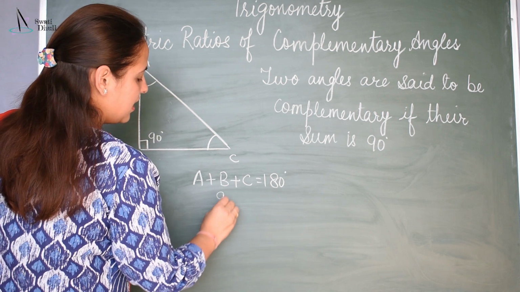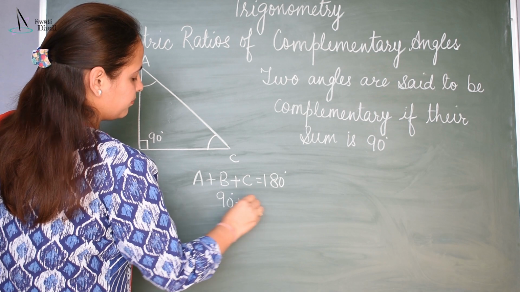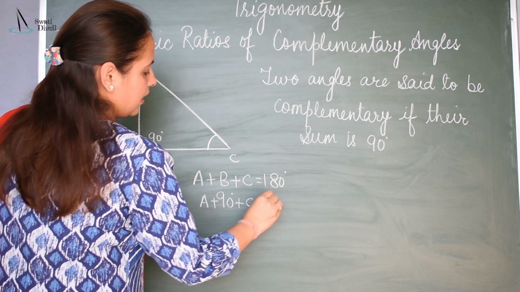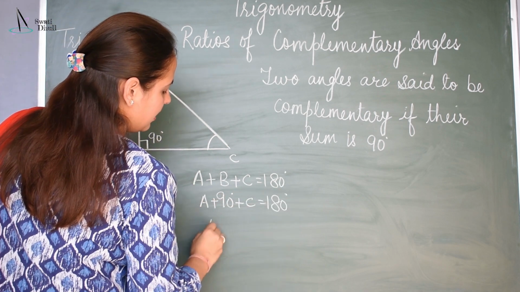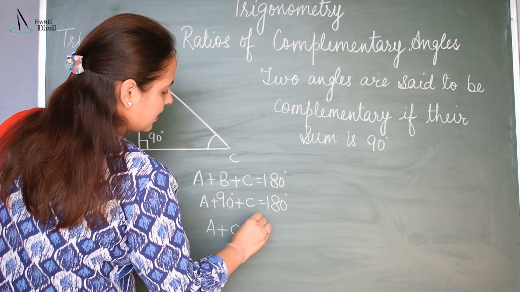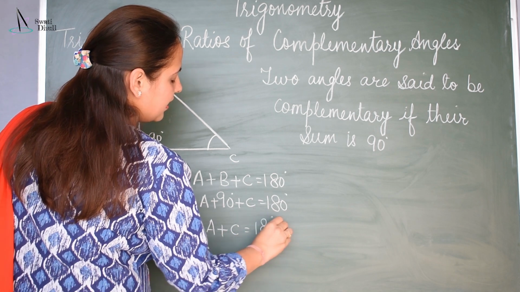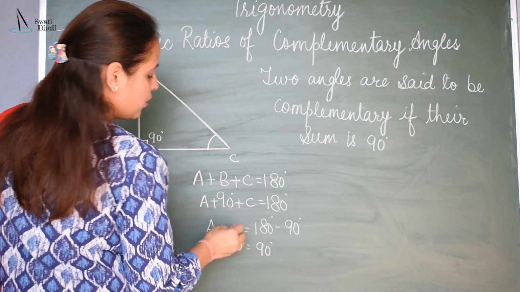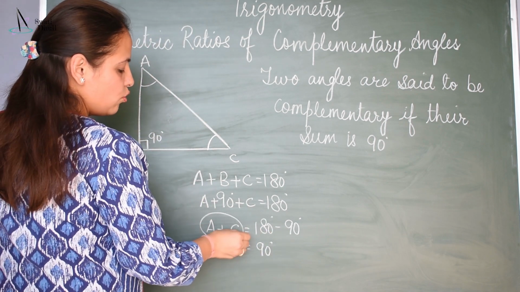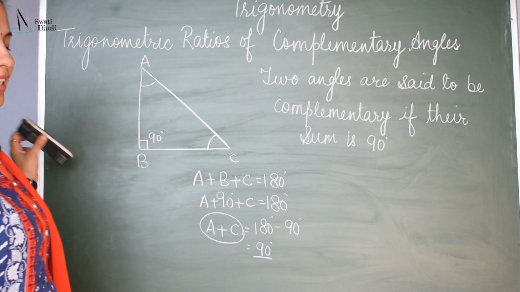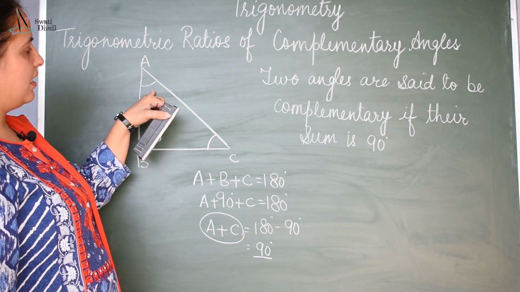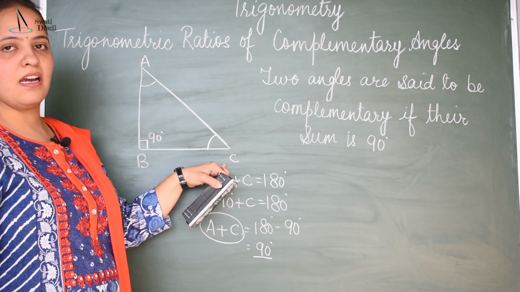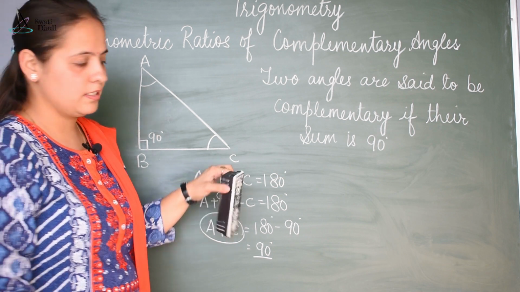So when angle B is 90 degree, angle A plus C is equal to 180 degree minus 90 degree, which is 90 degree. So we are getting the sum of these two angles as 90 degree, and we can say that angle A and angle C are complementary angles.